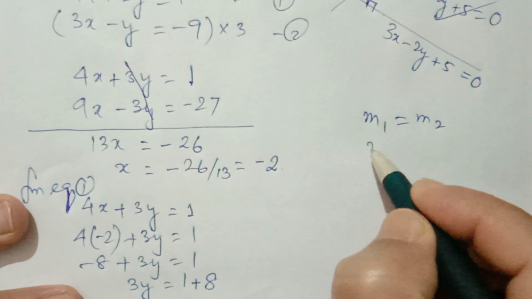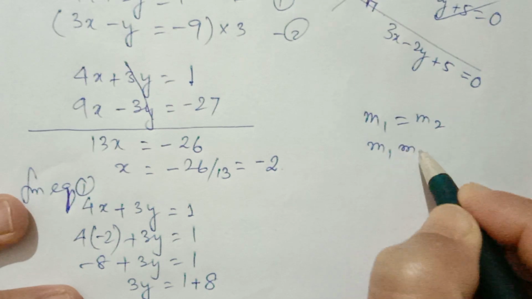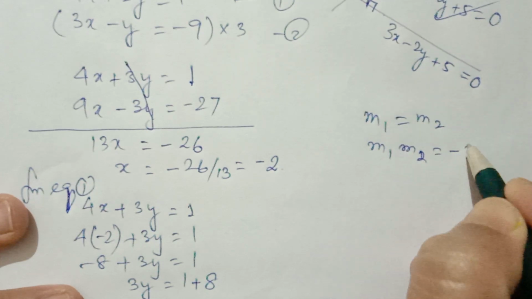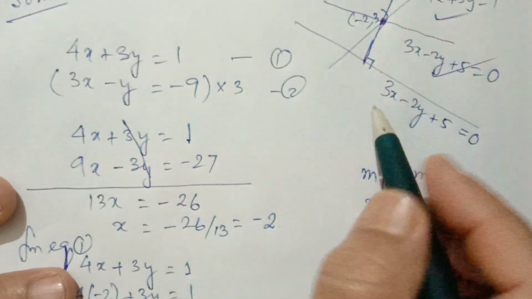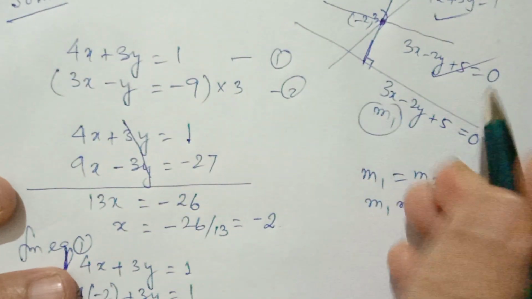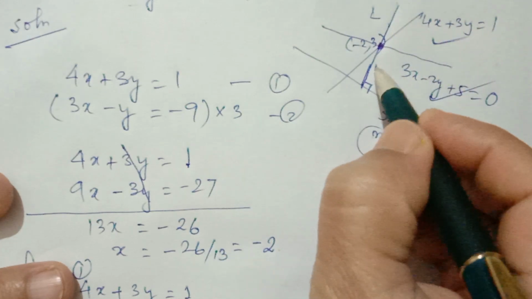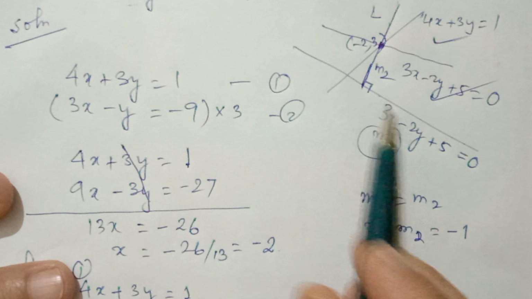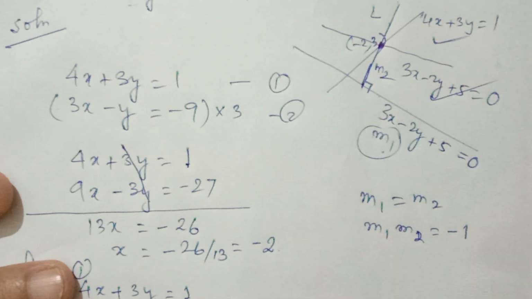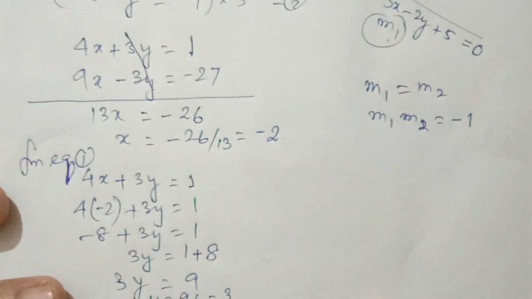When two lines are perpendicular, then the product of the slopes will be minus 1. So here perpendicular is given. So if the slope of this is m1 and slope of the required line is m2, then m1 into m2 will be minus 1 because these two are perpendicular.